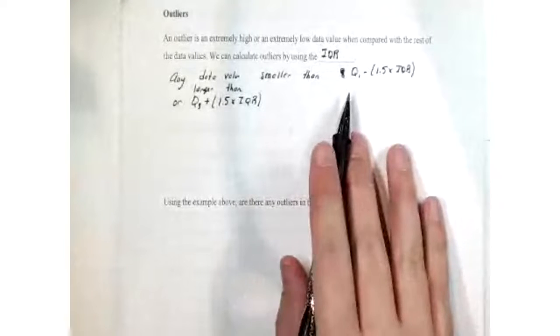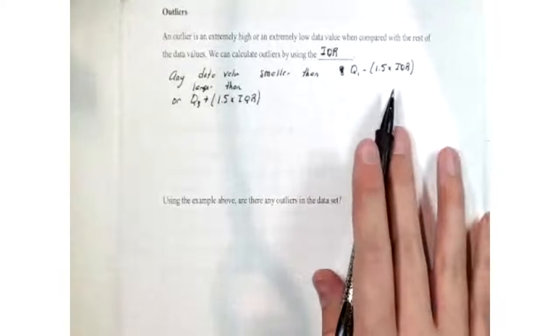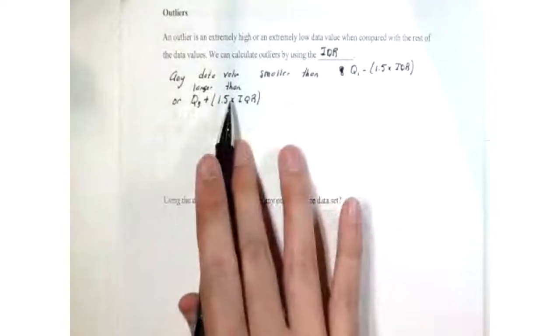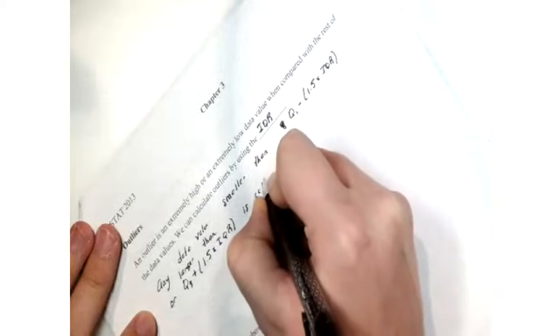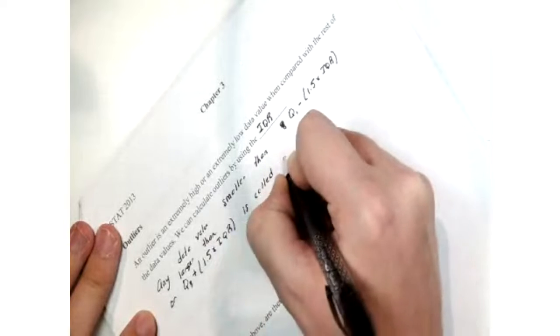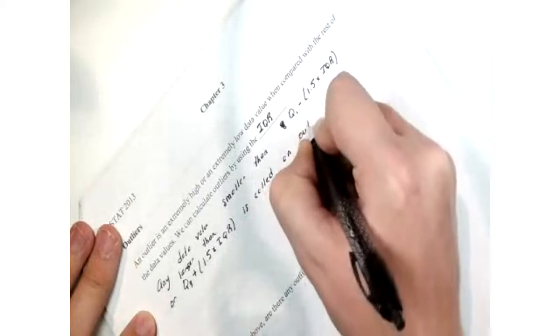So if we have any data value that's smaller than Q1 minus 1.5 times the IQR, or larger than Q3 plus 1.5 times the IQR, it is called an outlier. Does everyone understand how I'm going to figure out if something's an outlier?